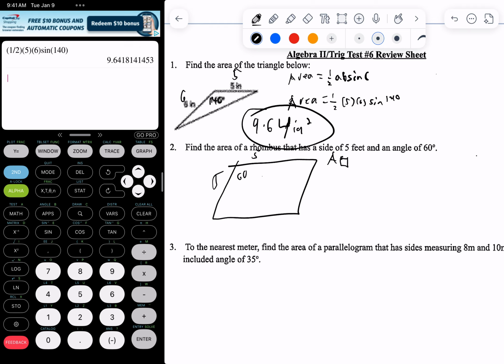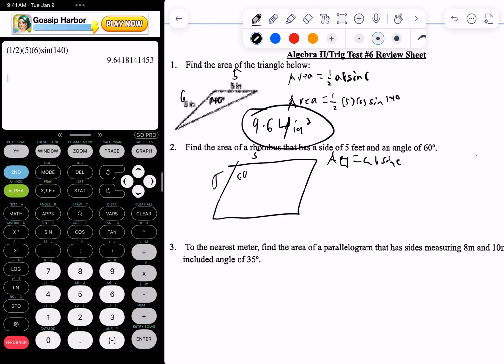This shape is just AB sine C without the half. If it's not a triangle, it's not in half. The reason that the triangle is in half is because when you cut a square in half, it becomes two triangles. So, yeah, this is the whole thing behind it.